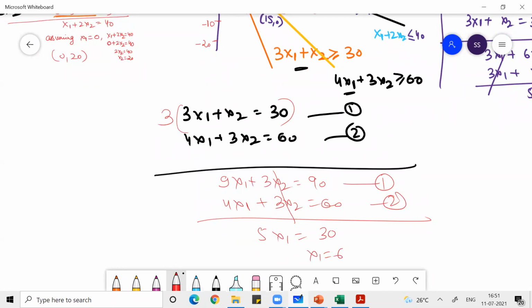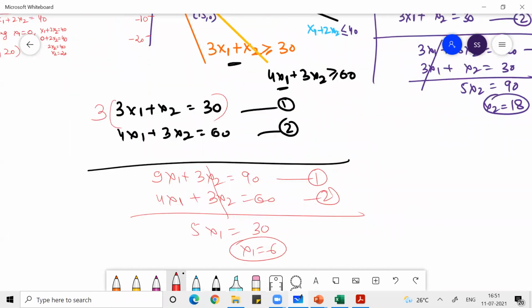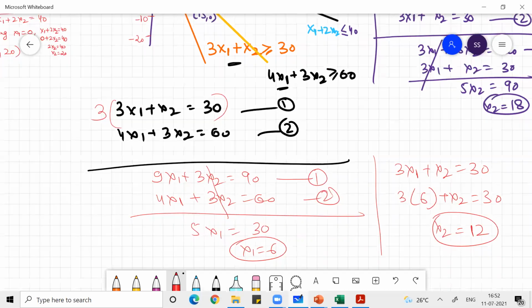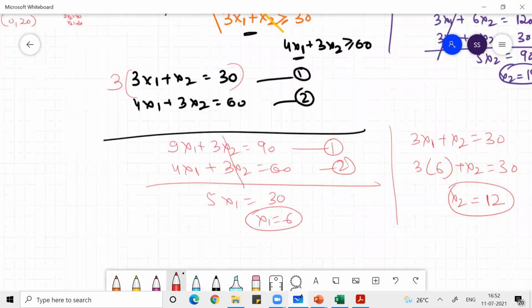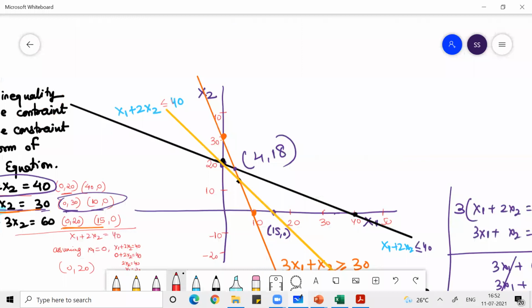So x1 is equal to 6. Then in the equation 3x1 plus x2 is equal to 30, if x1 is equal to 6, x2 will be equal to 12. So this coordinate is 6, 12.